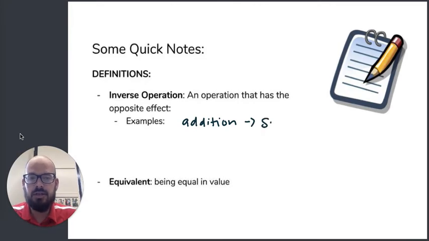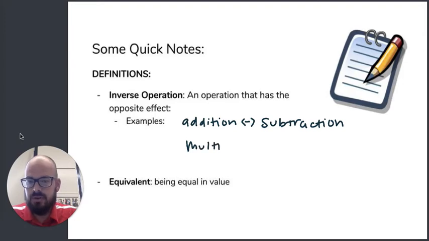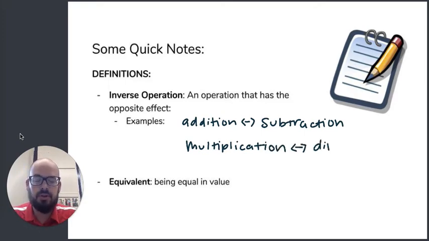So addition and subtraction are inverse operations. And it goes back and forth. Subtraction's inverse is addition, and addition has the opposite effect of subtraction. The other grouping you will use in Algebra 1 is multiplication and division. Those operations have the opposite effect of each other.